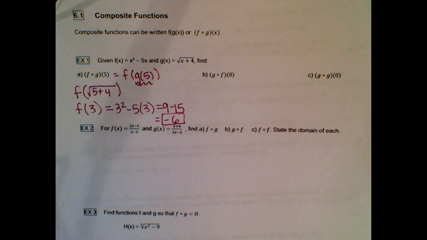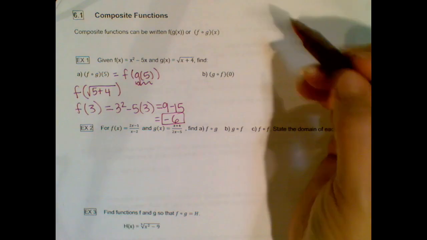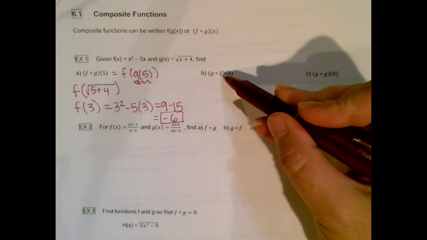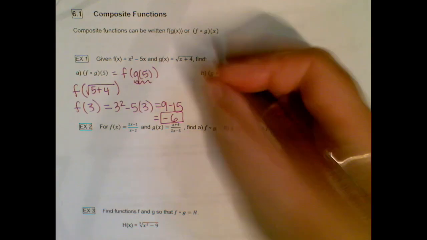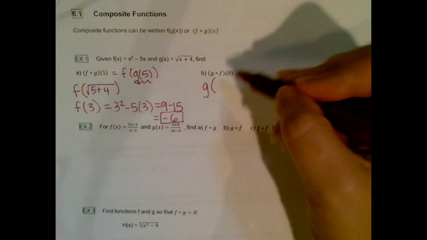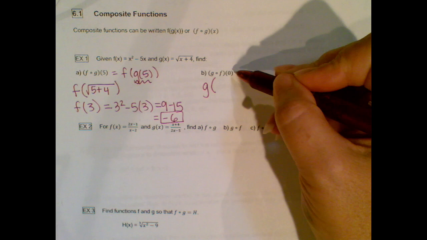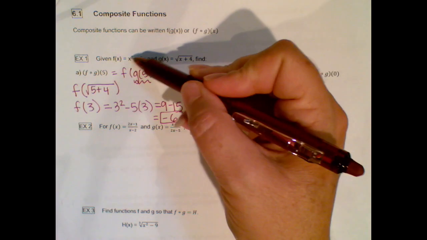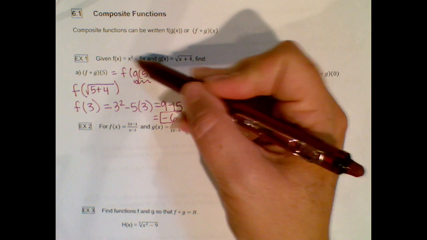Part B, g of f of 0. So I'm not going to rewrite the nested notation this time. Whatever comes second, that's the inside function. G is the outside function in this case. So g of f of 0. So f of 0 is the inside, and it means I'm going to plug 0 in here.